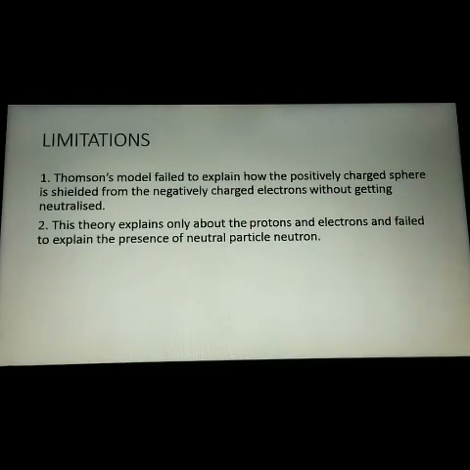And this theory explains only the protons and electrons and fails to explain the presence of the neutral particle, that is, the neutron. So Thomson could explain only the protons and electrons in an atom, and he was not able to bring in the neutral charged particle, that is, the neutron.